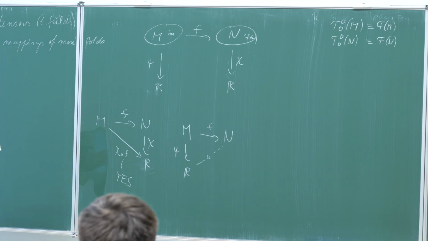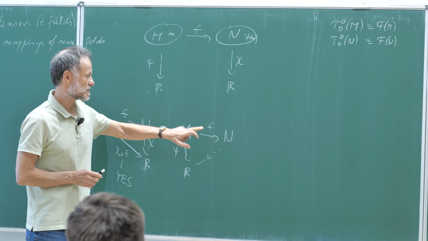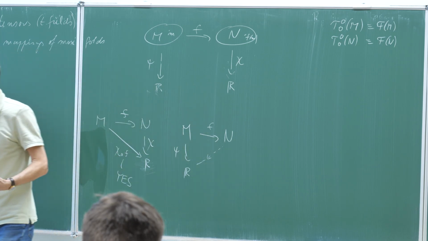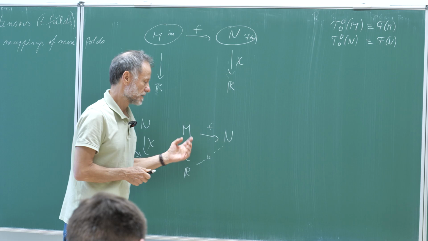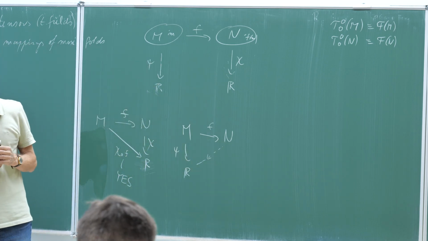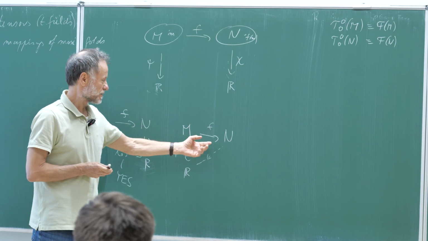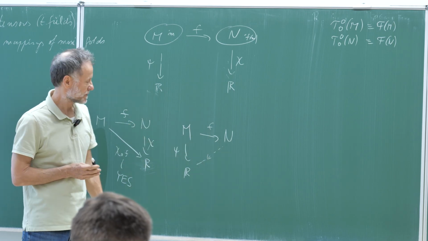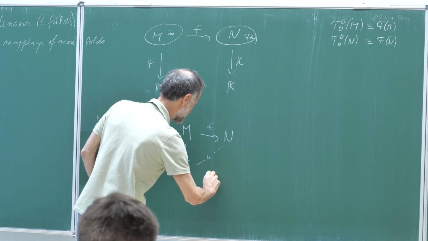And the answer is yes, if this can be inverted. But this cannot be inverted in general. If you have a general mapping, and we now study general smooth mappings, a general smooth mapping cannot be inverted. That means it cannot be used in this construction. So the answer is no.